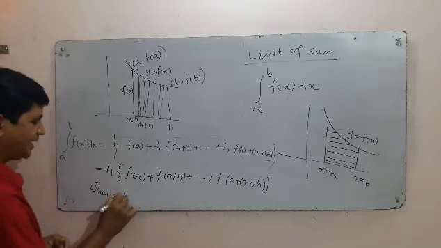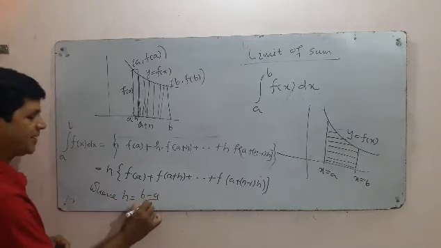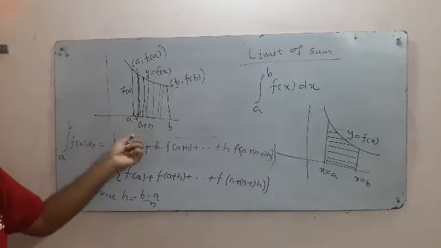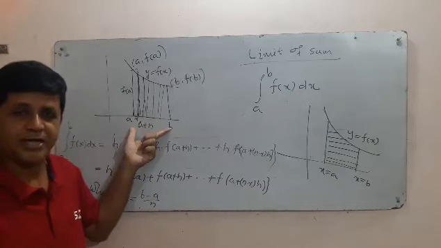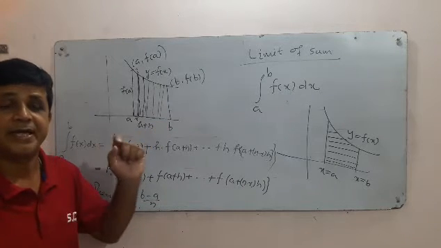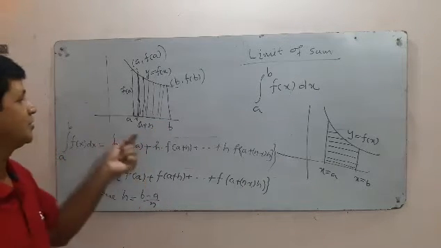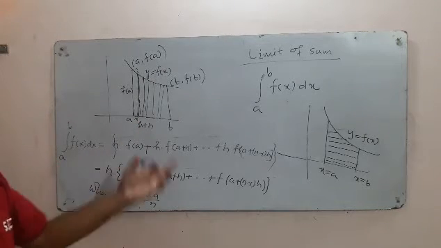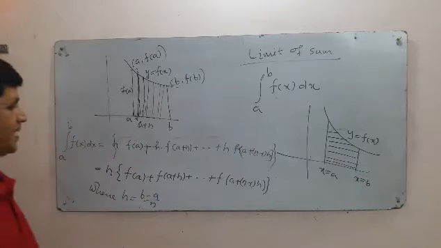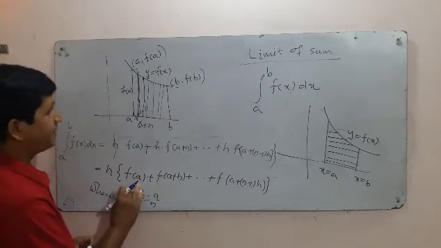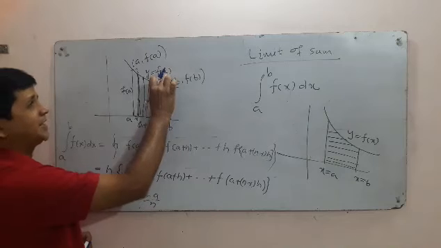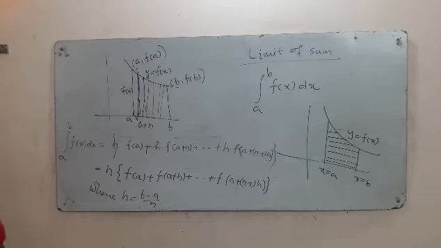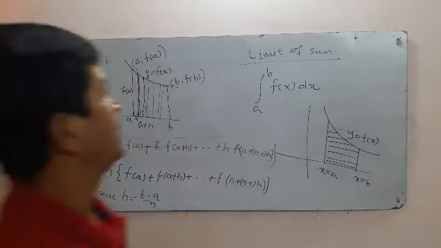Where h is equal to b minus a by n, because we divide the portion from a to b into n equal parts. So the length of each part will be b minus a by n, right? Now what is f of a? That is, put the value of a in f of x, and we get f of a, right.